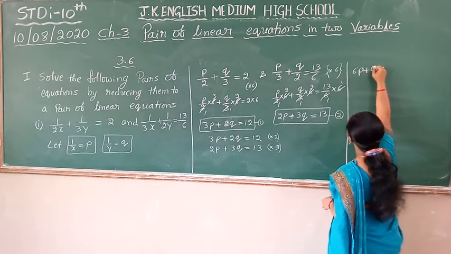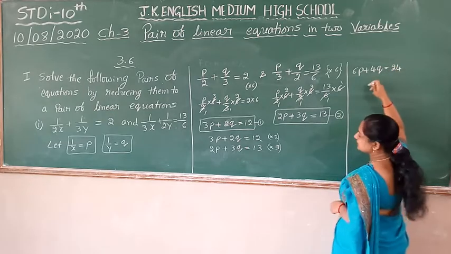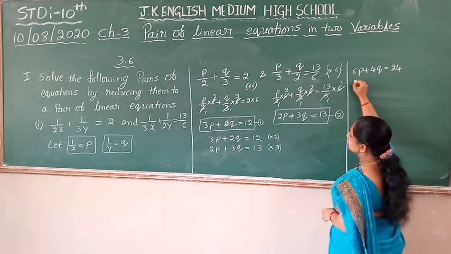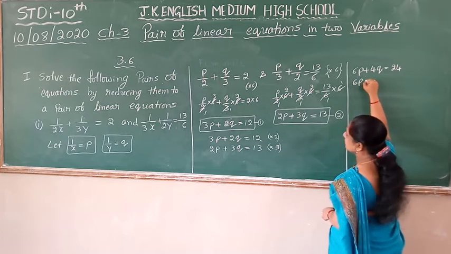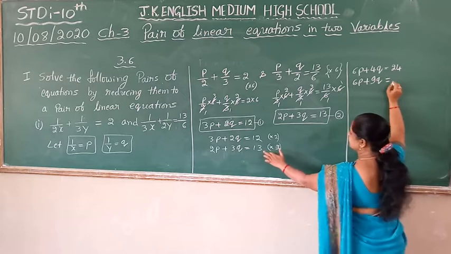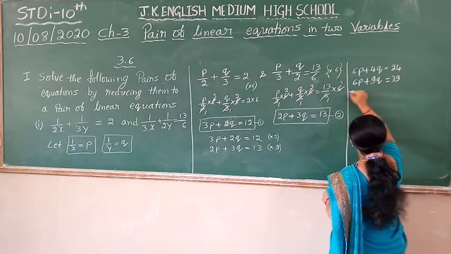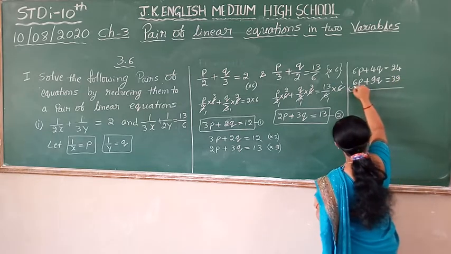Plus 2 twos are 4q, 2 twelves are 24. Then if I multiply this, 3 twos are 6p, 3 threes are 9q, 13 threes are 39. Now you change the sign, because the sign is the same.